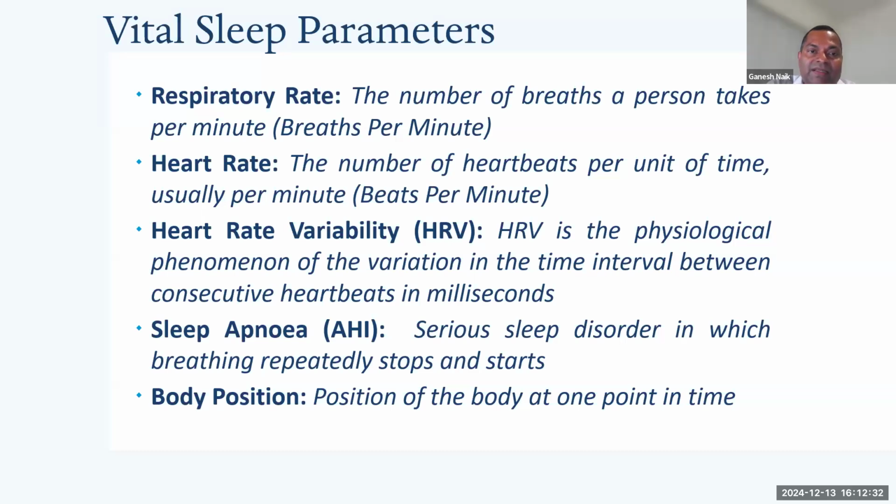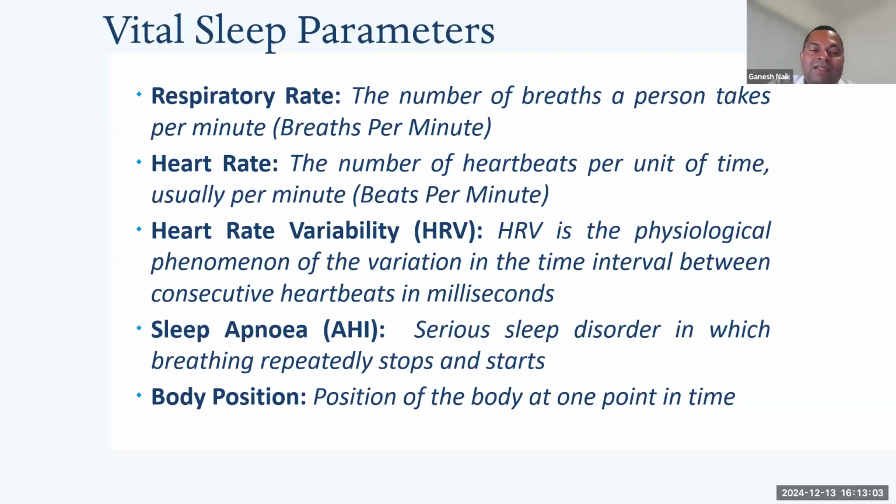So therefore, it is important for me to explain what these parameters are. In all the sleep studies we use the term respiratory rate. That is the number of breaths a person takes per minute. Typically a healthy person takes around 12 to 13 breaths per minute. This is different from our heart rate. This is the number of breaths per minute.